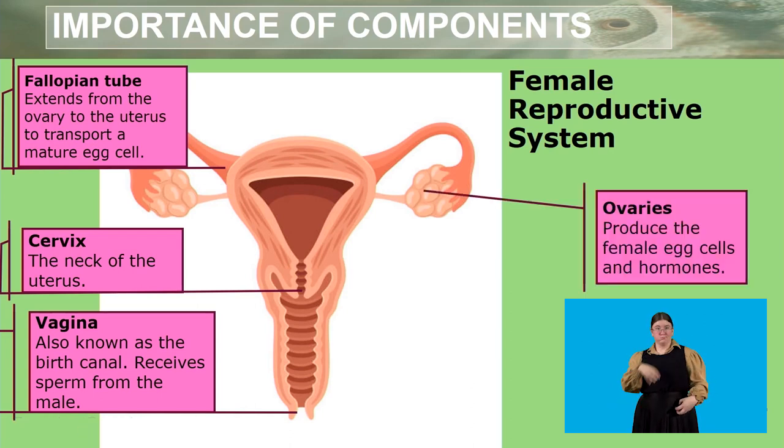Then we have the ovaries. The ovaries are attached to the fallopian tubes. Ovaries is the plural form and ovary is the singular. So you have 1 ovary and 2 ovaries.